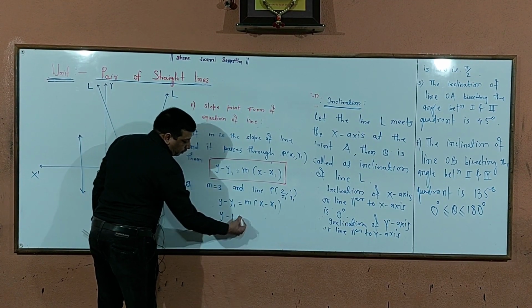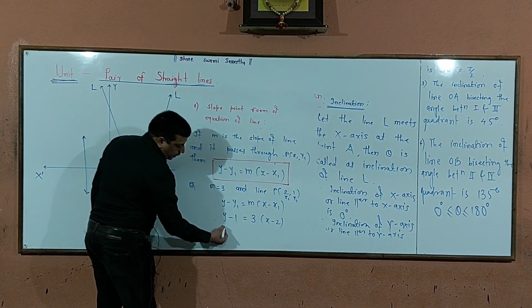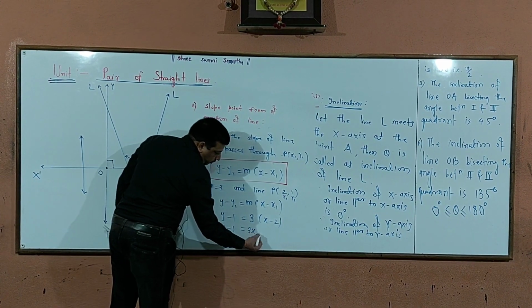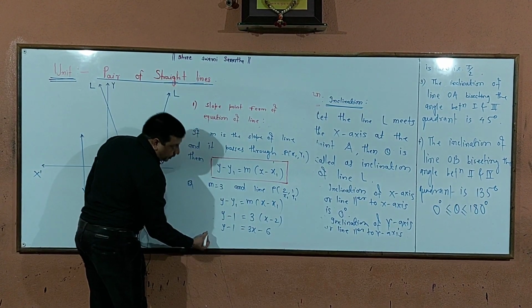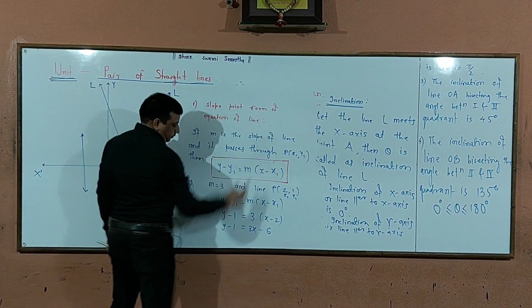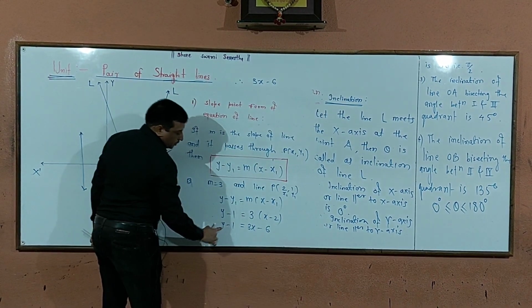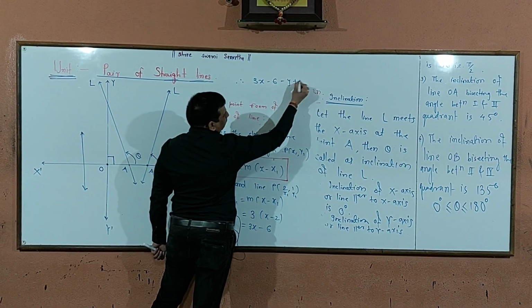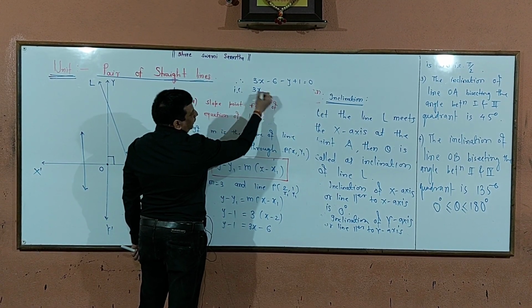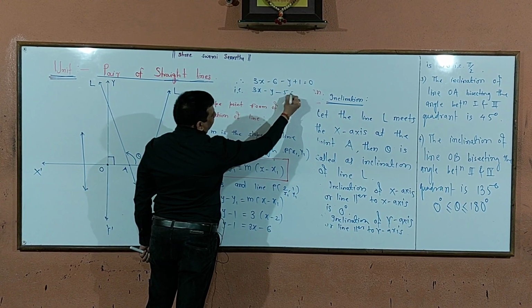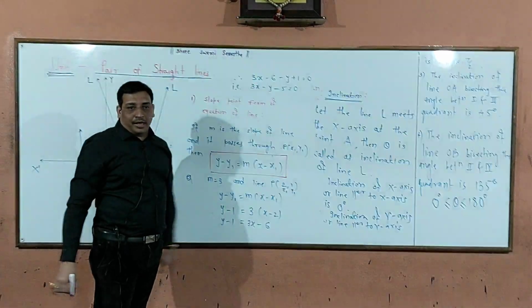So y minus 1 is equal to 3x minus 6, and therefore 3x minus 6 minus y plus 1 is equal to 0, that is 3x minus y minus 5 is equal to 0, which is the required equation of the line.